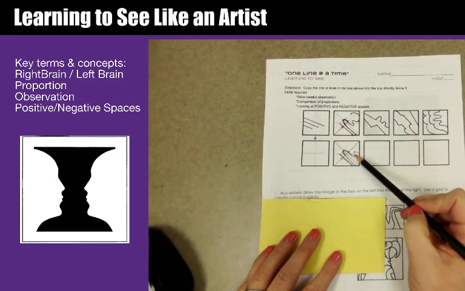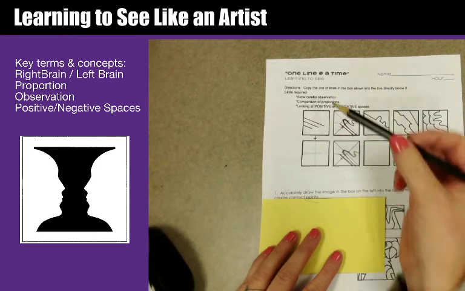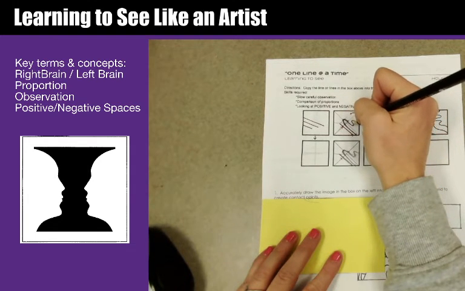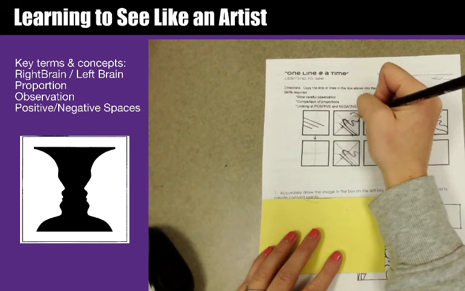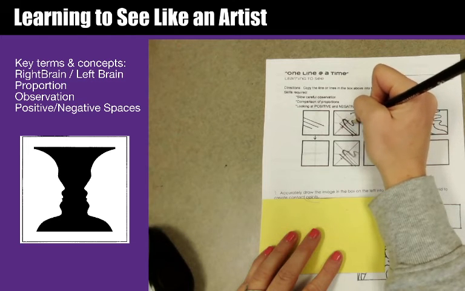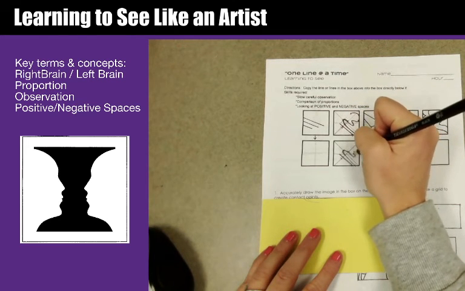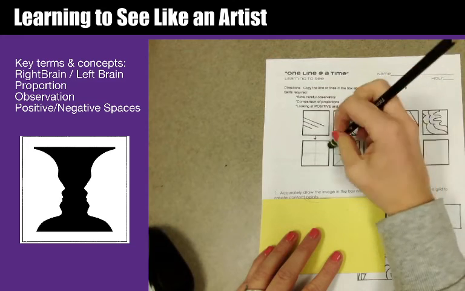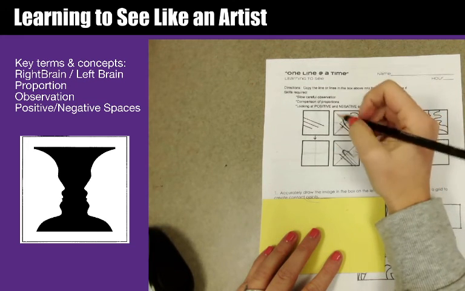I'm thinking about how long this line is compared to that line, how long this section is to that section. If I look up in my original, I don't think that's in the right spot. What I'm going to do is take this, divide it in half, take that, divide it in half. I need to move it over a little bit.